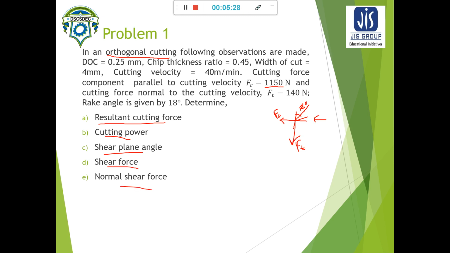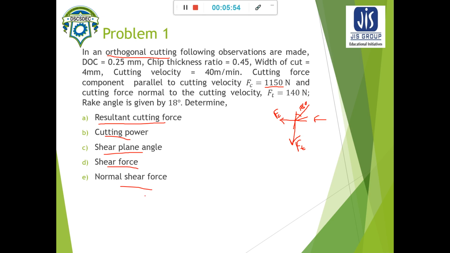These five things we have to determine from this problem. Another three things we can also find out: the friction angle, the normal angle, and the coefficient of friction.